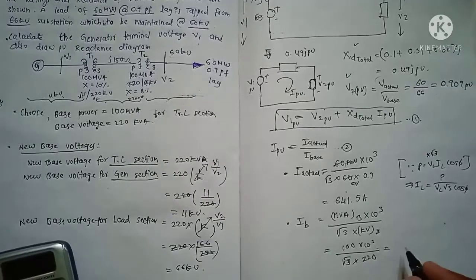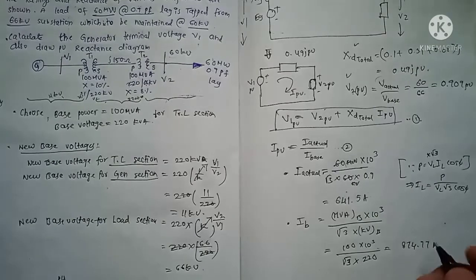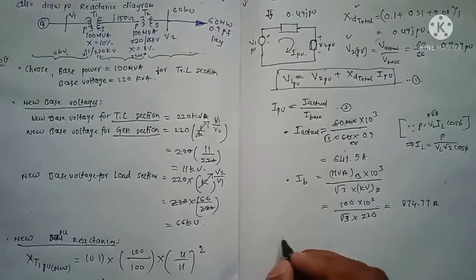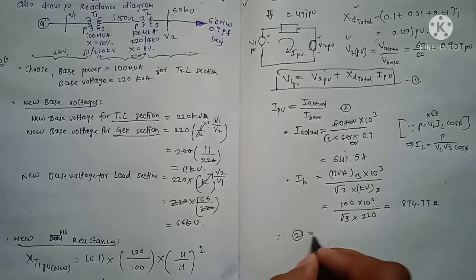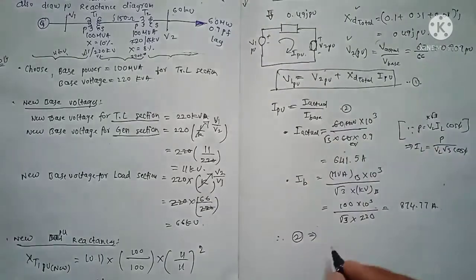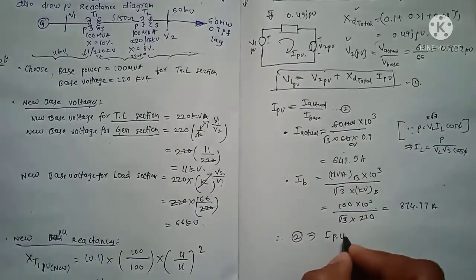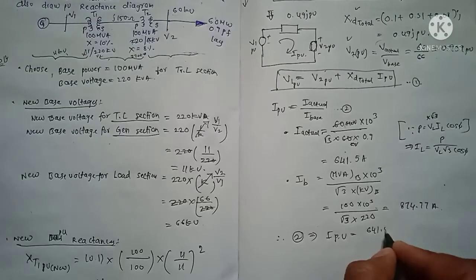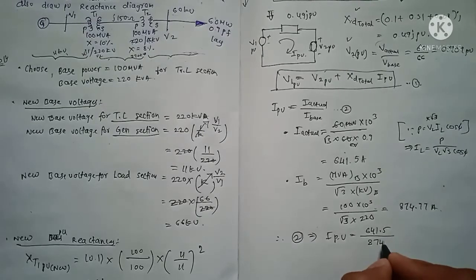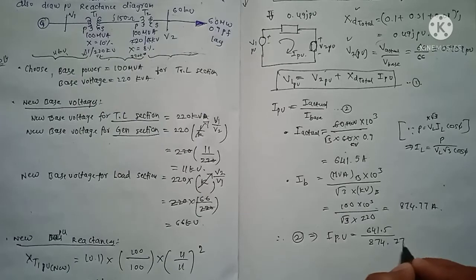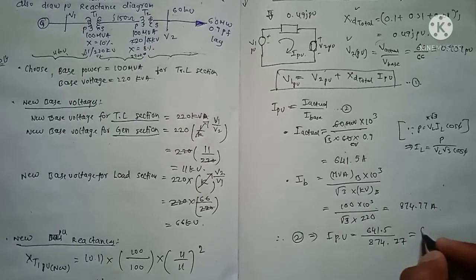After calculating all this, we get 874.77 amperes. Therefore equation 2 implies I pu is equal to 641.5 divided by 874.77. This total we got as 0.733.